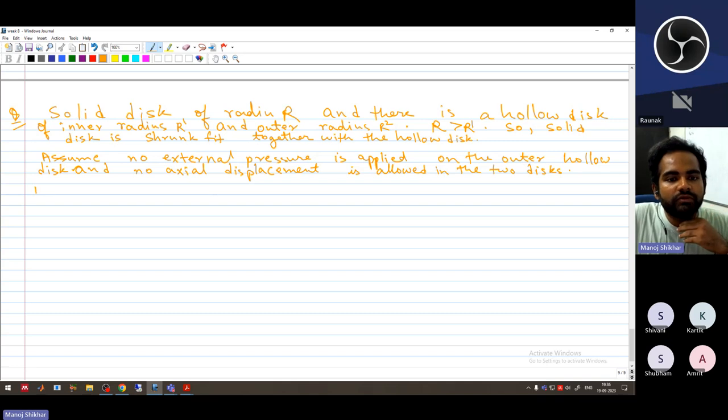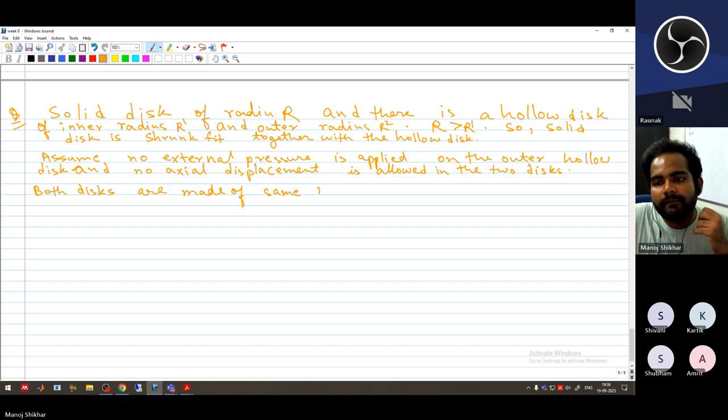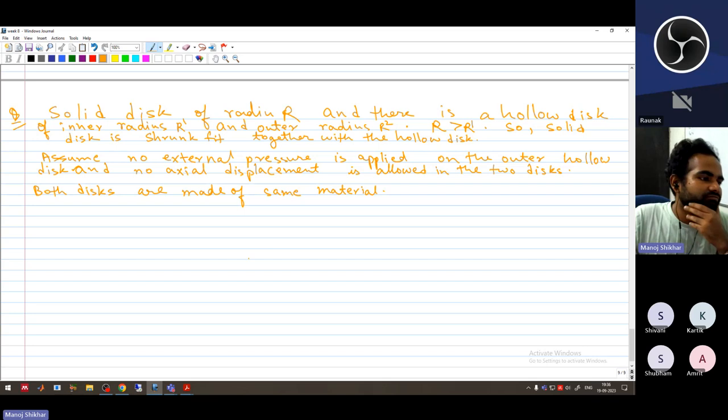Also assume that both disks are made of the same material. So their properties will be the same, like E, G and other things will be there.